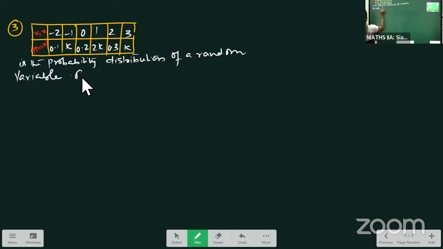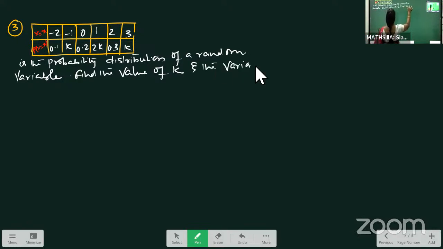Find the value of k and the variance of x.